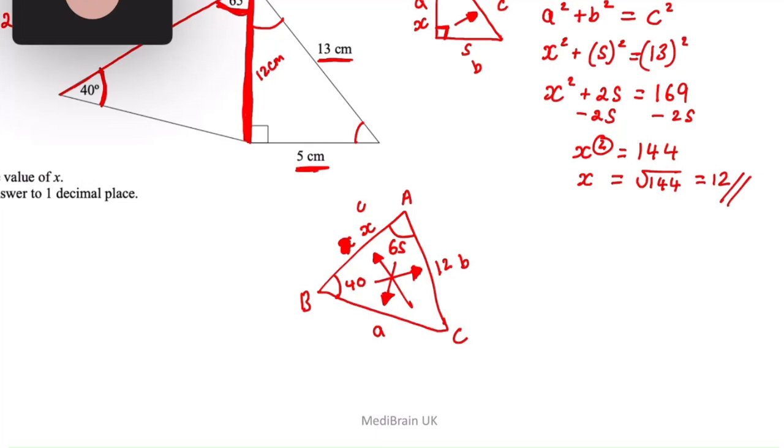Now, this is a bit confusing, and that's why I've realized why people have got a mixture of different answers. So if we have a think about it, what's actually happening over here? We have 65 degrees over here, and we know the angle, but we don't know the side which is opposite here.